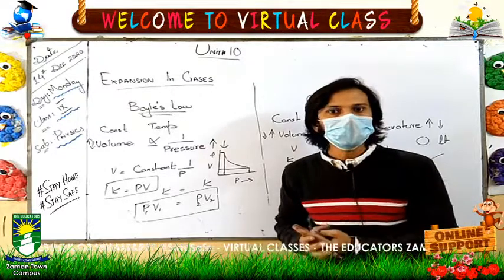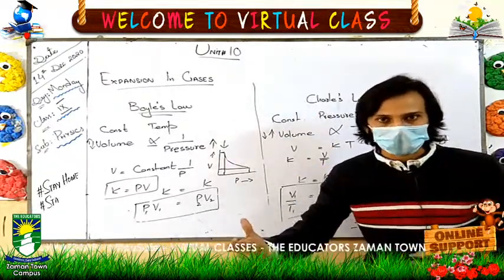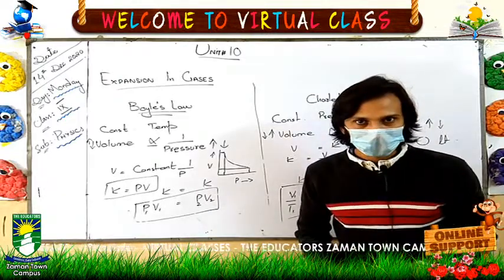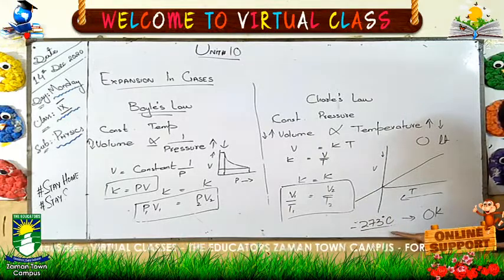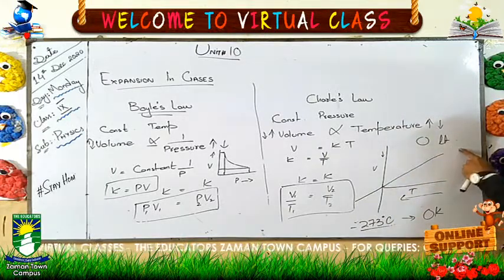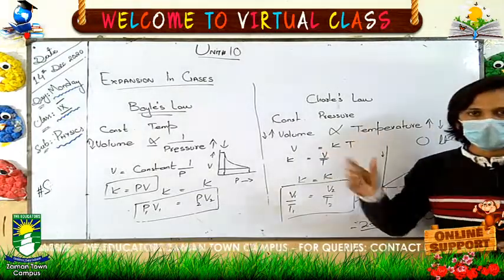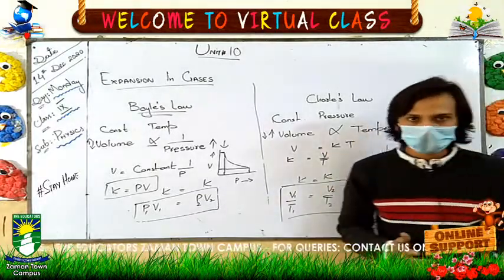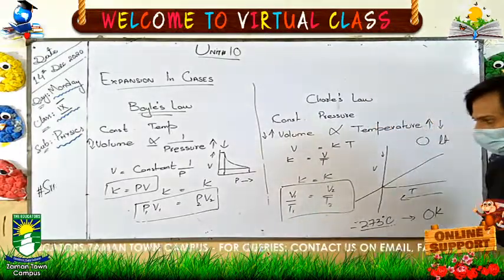It will automatically liquefy at minus 40. Now Charles's law will not be applicable for that gas because it becomes liquid. So according to this graph at minus 273 degrees centigrade or 0 Kelvin, volume becomes 0, but this is only showing us about the gas, and at that temperature it will not be a gas, it will become liquid or something else.